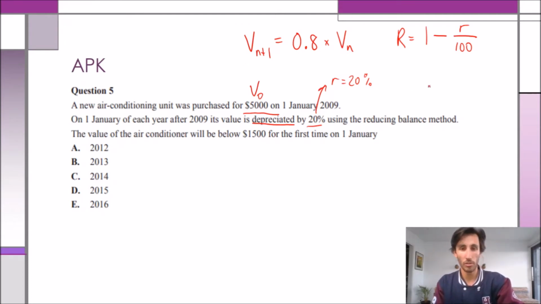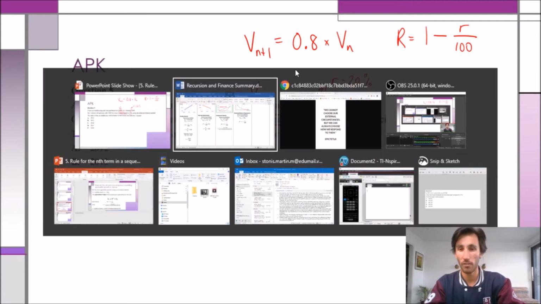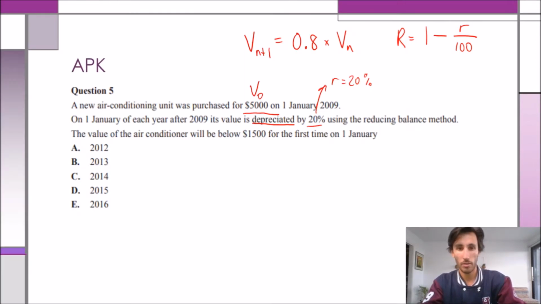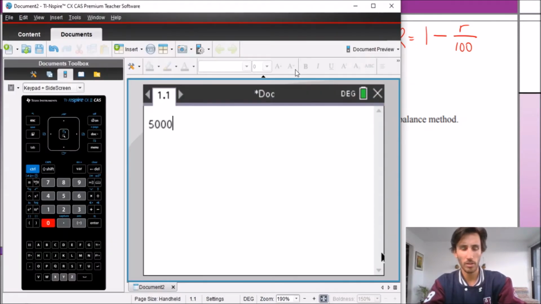So what we want to do is start with the starting value, and then apply this 0.8 multiplier until it's below $1,500. So we type in 5,000, press enter, and then press times 0.8.